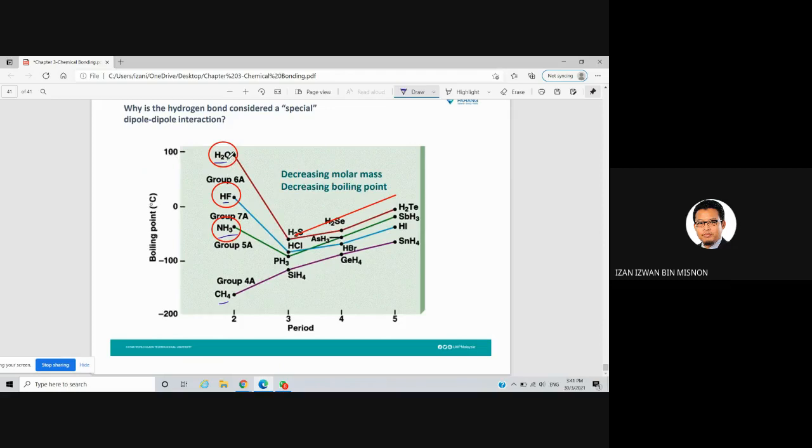So let's say we have oxygen, fluorine, and nitrogen in this case. In the oxygen group, going down the group from oxygen to sulfur, selenium, and tellurium, the boiling point decreases before it starts to increase again a little bit. So the first element in each group will have a higher boiling point.